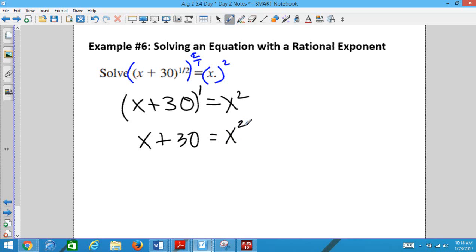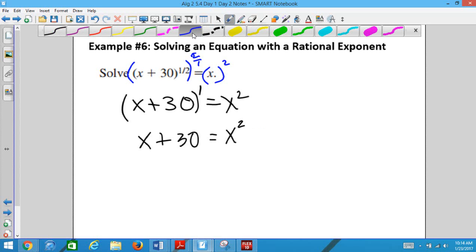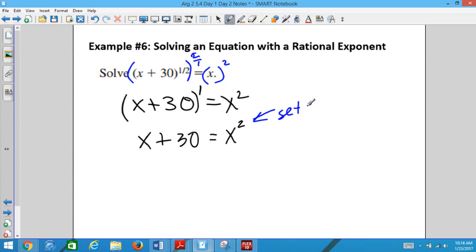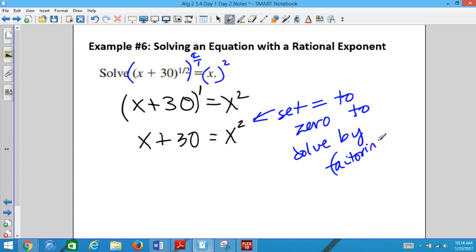Okay, so now, because there's an x squared and an x in the equation, we are going to have to set it equal to 0 and solve it that way. Because of that x and that x squared, we solve by either factoring or quadratic formula.